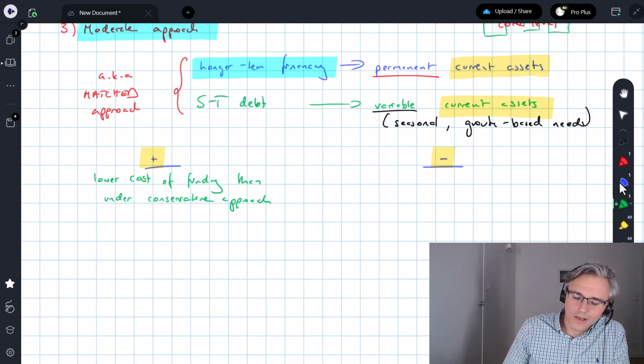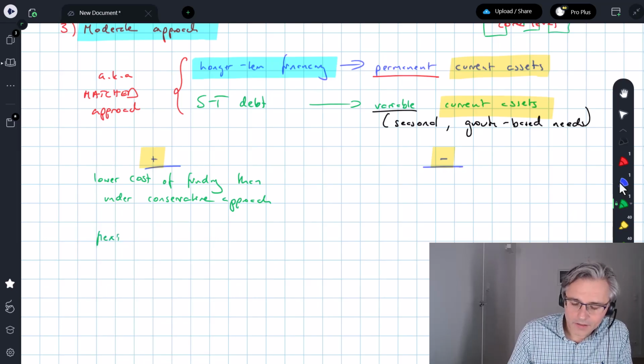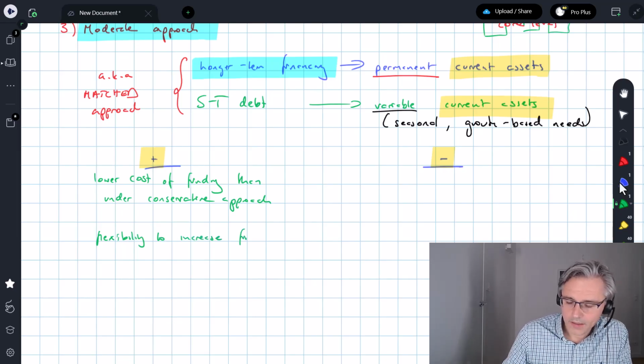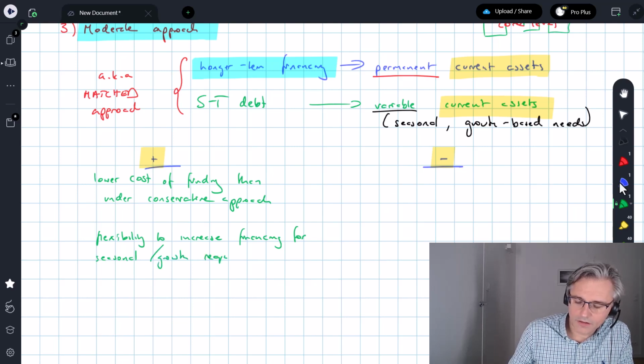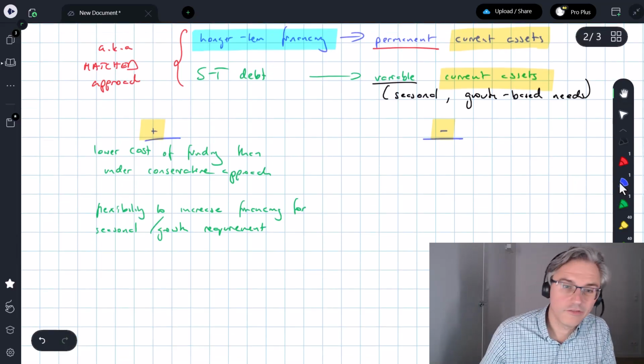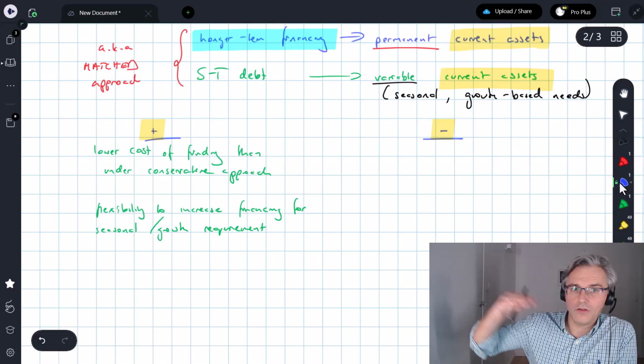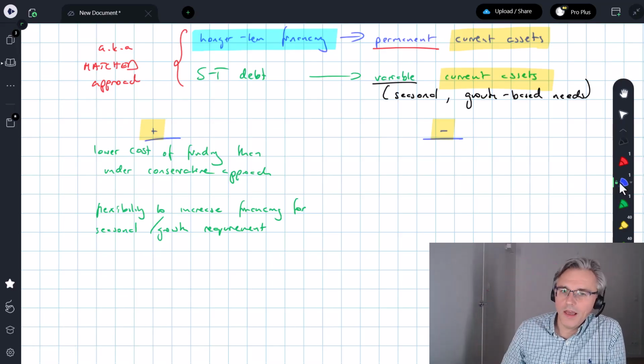Right. Now, it also gives you more flexibility to increase the financing needed for seasonal and growth requirements. Once again, this is versus the conservative approach where you pretty much borrow fixed amounts for longer terms and you borrow excessively.